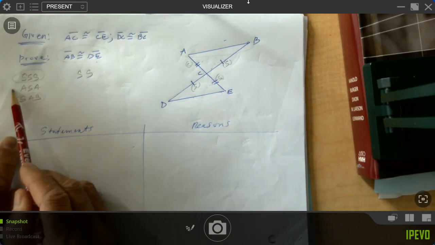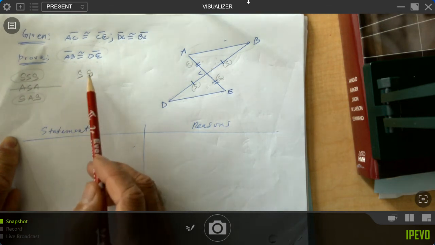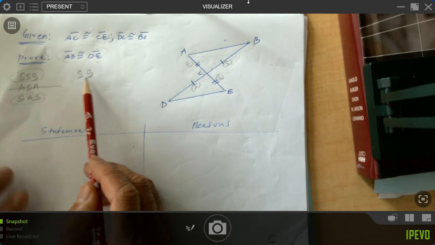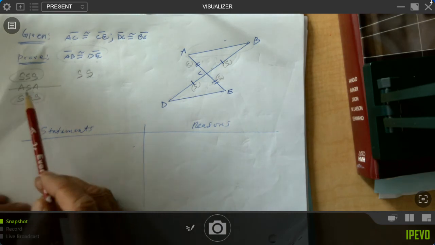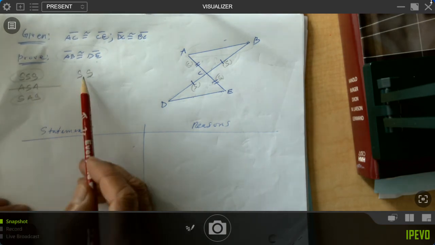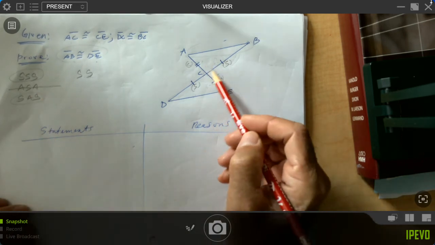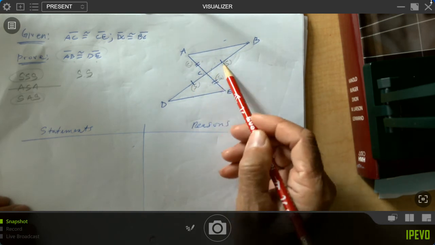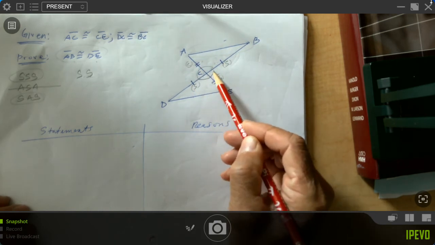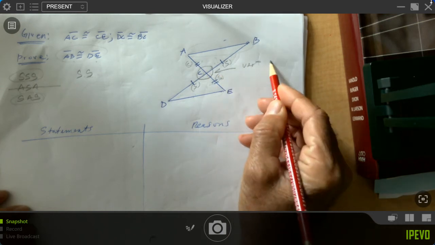We're not going to use ASA because that would require finding two more angles, and we would have to only use one of these. Having an extra side by itself isn't a problem, but it would be much easier to find one angle than two. And whenever you see that X, crossing lines or line segments like this, you should always remember that what we have right there is vertical angles.